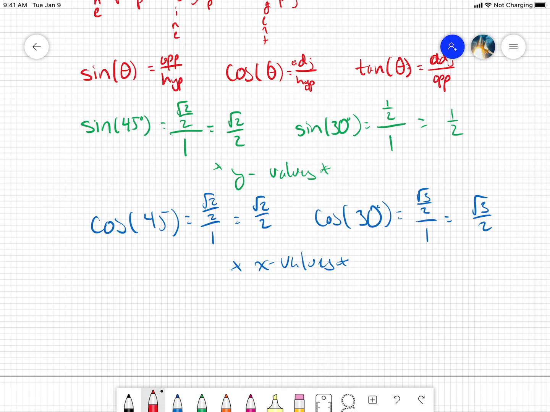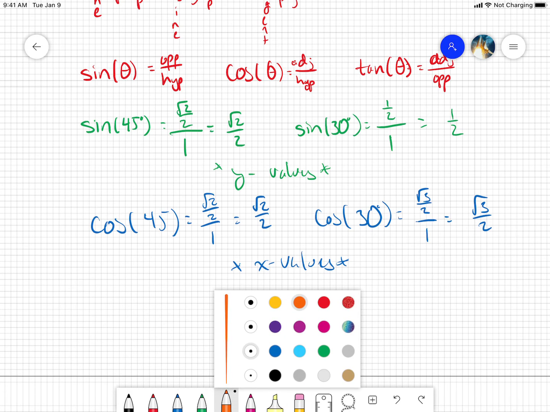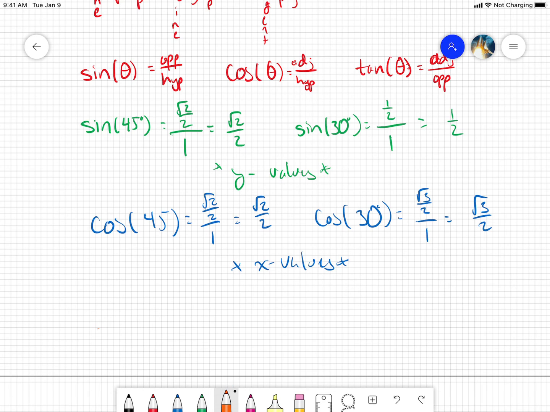So let's try and look at, well, what about tangent of 45? Actually, I don't want to use red. Let's do orange. That is not visible very well. Okay, let's do tangent of, and let's look at 30 first.